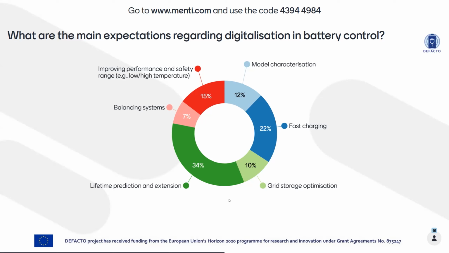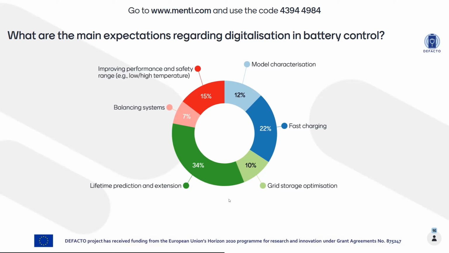They are required to fully validate everything in the lab before it goes anywhere near a car. And so demonstrating that lifetime prediction has some value is, in my experience, not always fully accepted by people in industry. It'd be great to hear your thoughts on this.